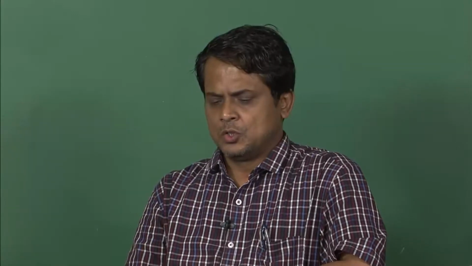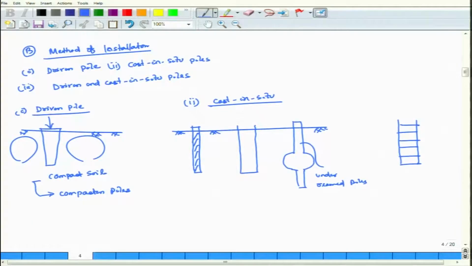So, to protect particularly expansive soils where there is an expansion during the rainy season and during the hot season there is a contraction. So, there is kind of ball shape. Once soil expands, it will not exert uplift pressure on your foundations. So, this you can do by means of cast in situ.